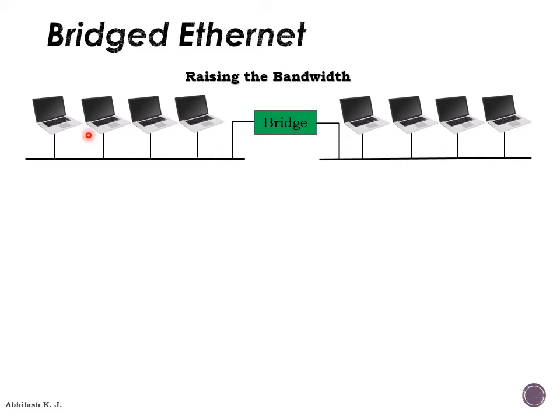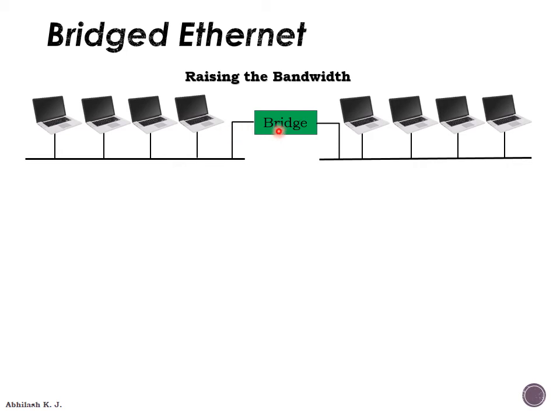Now all the 4 stations here can transmit at the maximum of 10 Mbps. That is actually 5 because the bridge is also involved in between, but not the 8 stations. Earlier 10 Mbps was shared by 8 stations. Now it has been reduced to 5 stations, that is 4 stations in this segment and a bridge.